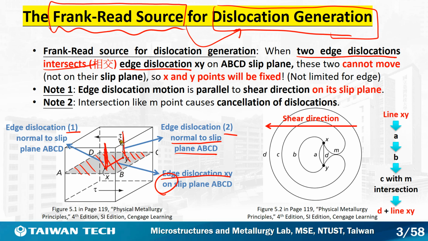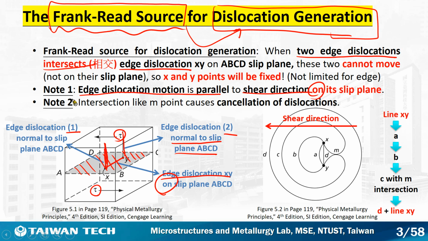If you have a shear stress with these directions, so it will move to left or right, right? This is a parallel relationship. So here you can see the note 1. The edge dislocation motion is parallel to the shear direction, and it must be on the slip plane.